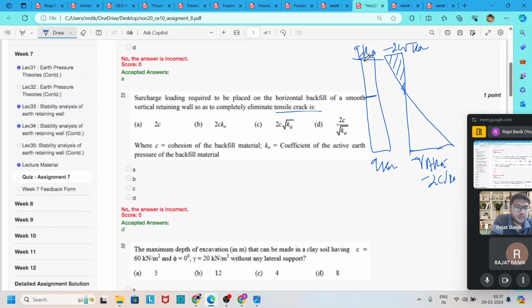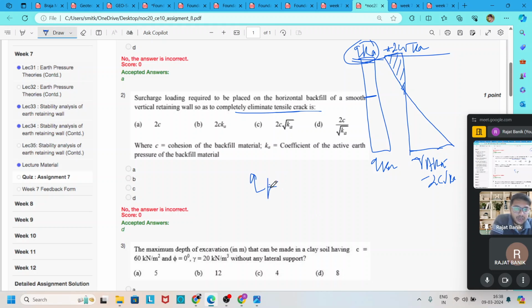That means this 2C root over Ka becomes equal to Q into Ka if we completely eliminate this tension crack. The earth pressure due to the surcharge is equal to the earth pressure due to the cohesion.